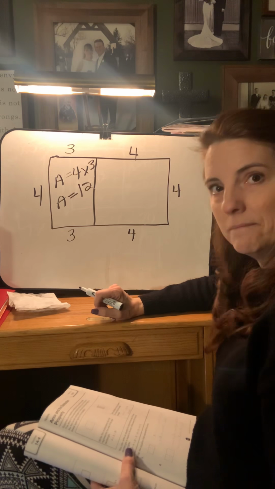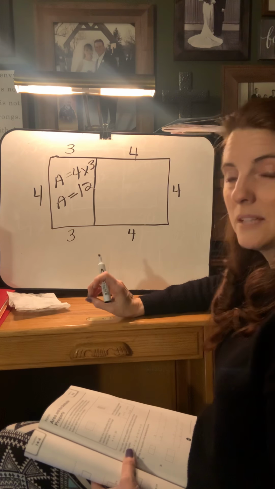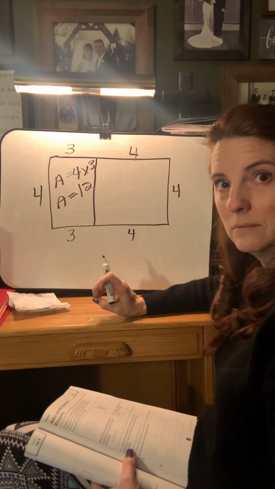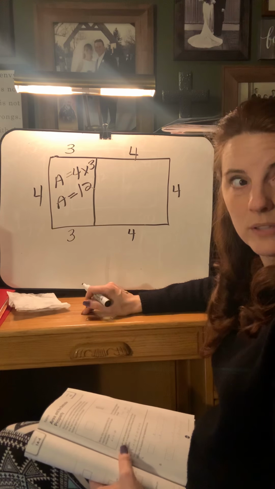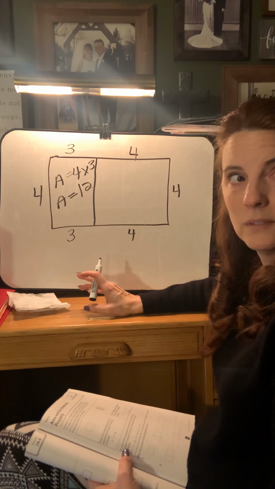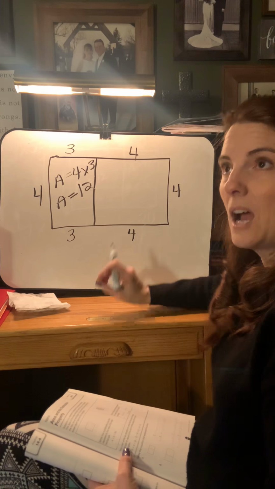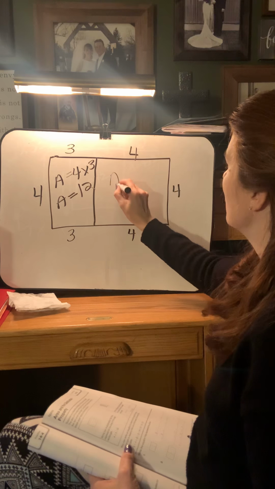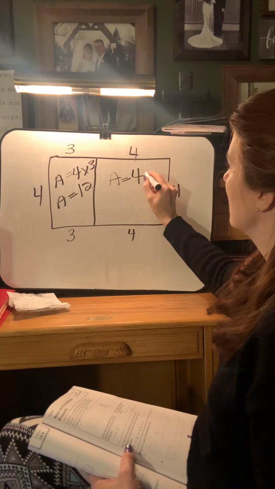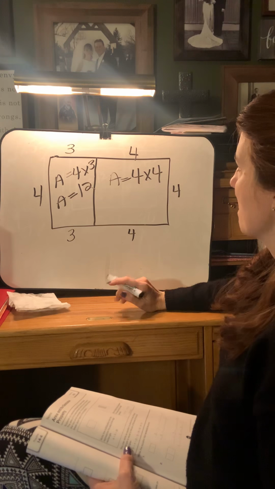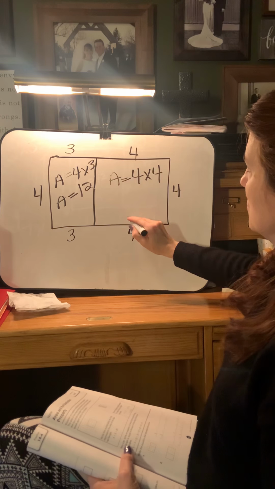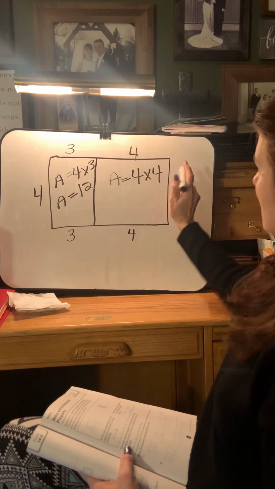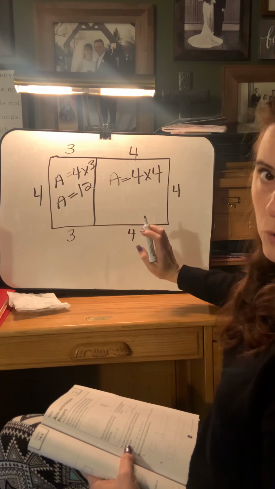Okay. The area over here, now we're lucky here we've got a square. So what does that mean? It means all 4 sides are going to be equal. It's not a square if all 4 sides are not equal. If all 4 sides are equal, it automatically is a square. Okay, so the area would be 4 times 4. Basically like 1, 2, 3, 4. 1, 2, 3, 4.